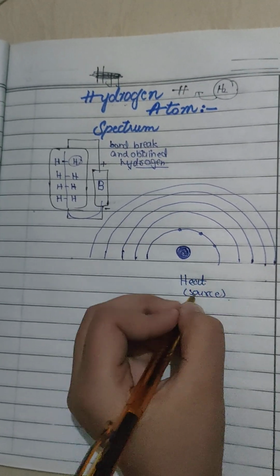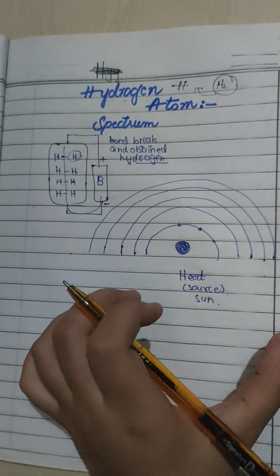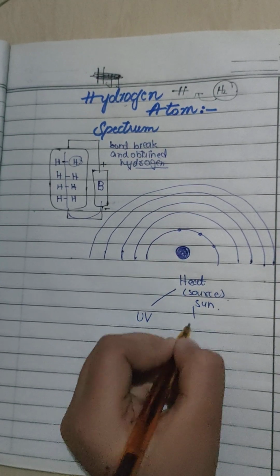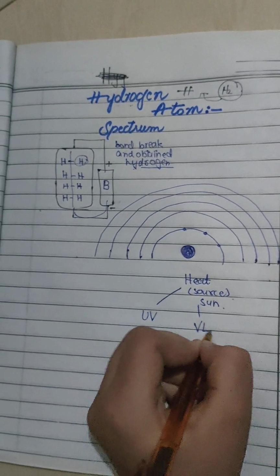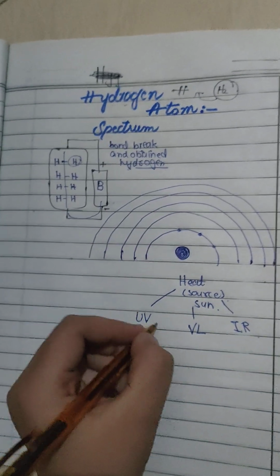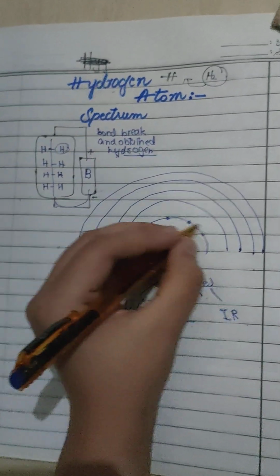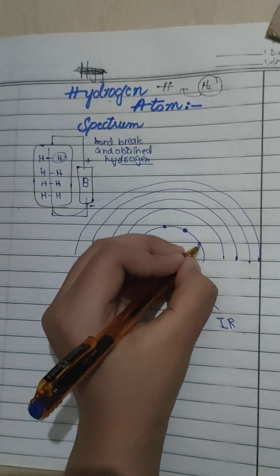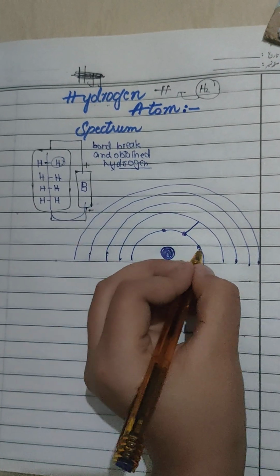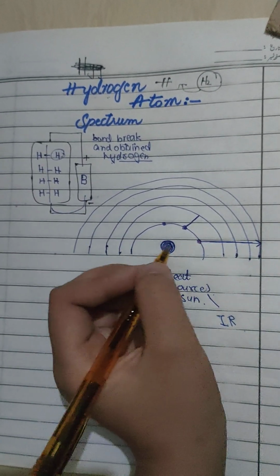From the sun we will give a high amount of heat, so that heat can be UV rays, visible light, or infrared rays. Fine. So first of all, we're going to use the UV rays, right? When we give the UV rays, these electrons will move and be excited. Okay, these electrons are now excited.